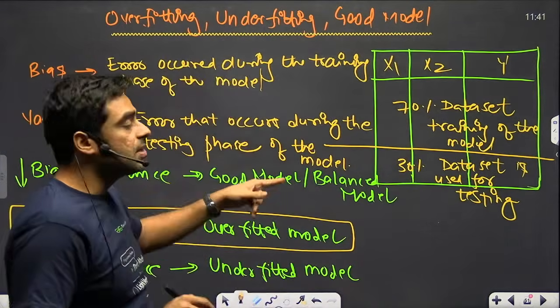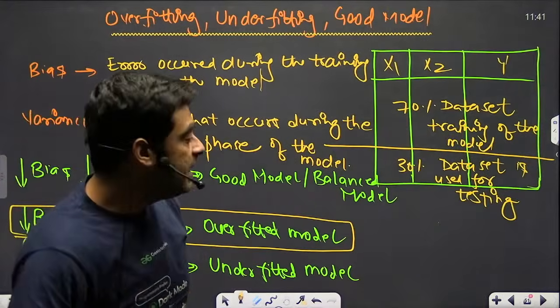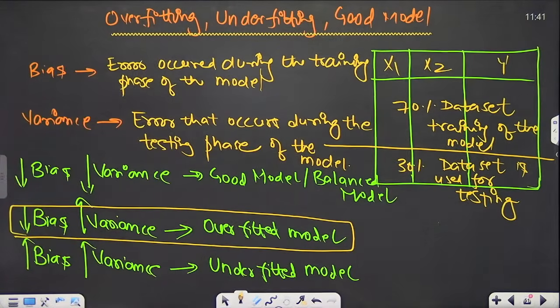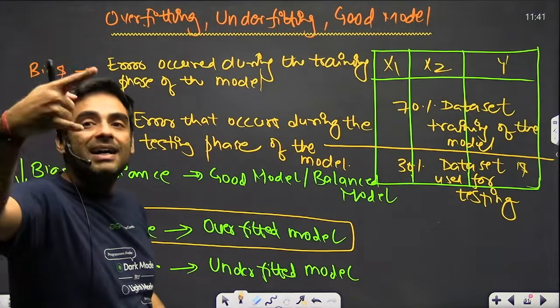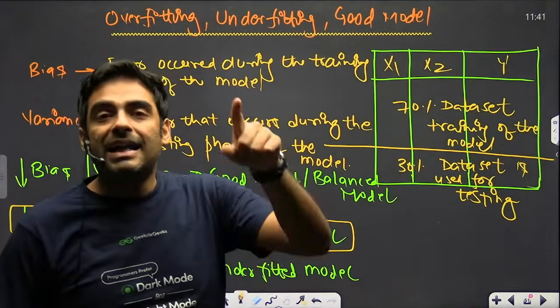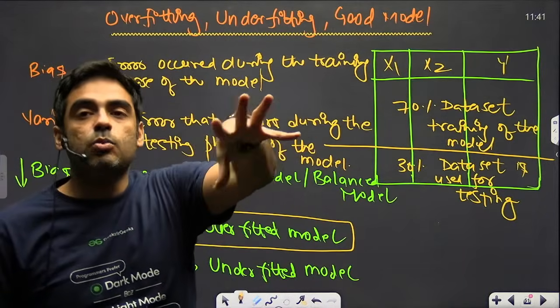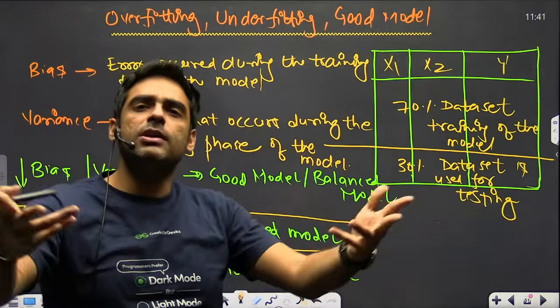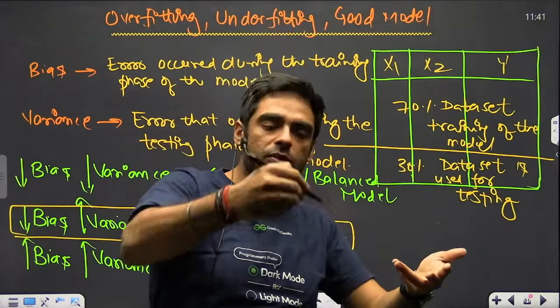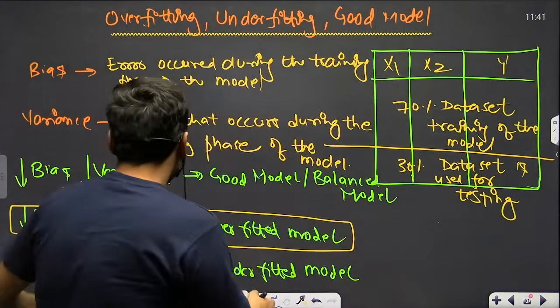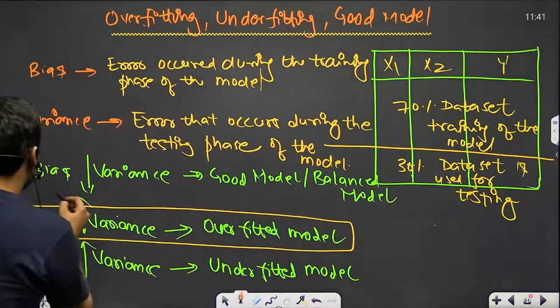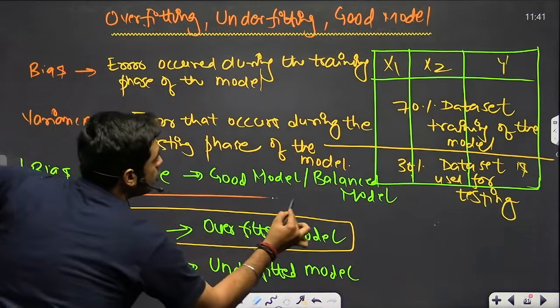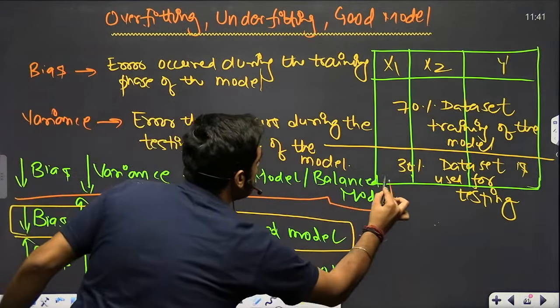So while preparing for GATE, my bias was also less. And when I went to the exam, I saw that the pattern has been changed. But no worries, I have already prepared for a number of examinations. So when bias is less and variance is also less, that is a good model.